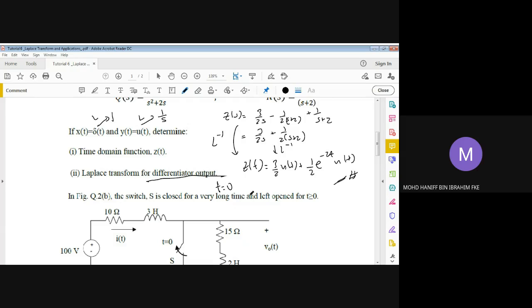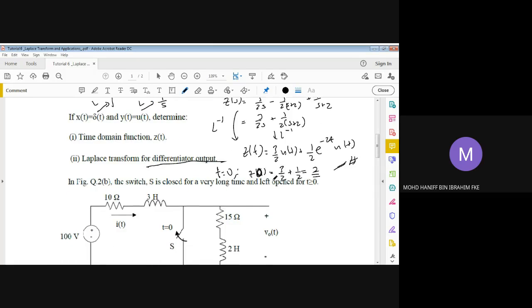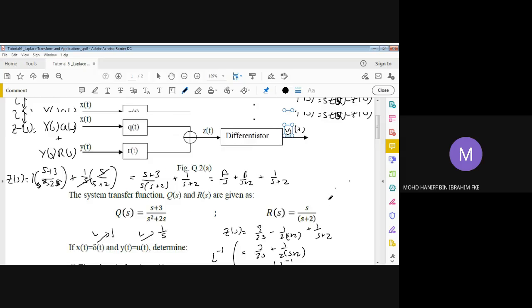So we are supposed to get z(0) equal to 3 over 2 plus half, supposedly, and the value shall be equal to 2. So that should be the initial value at t equals 0, or z(0).